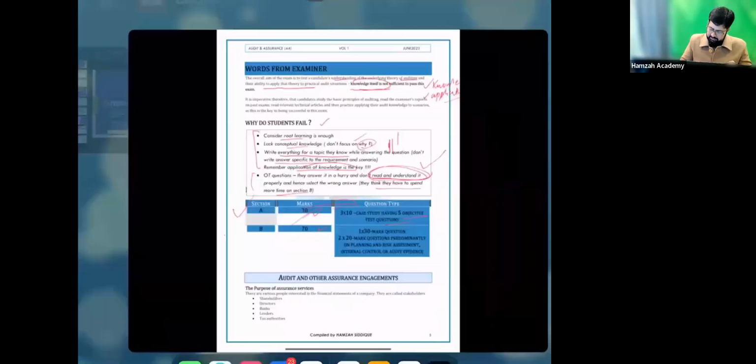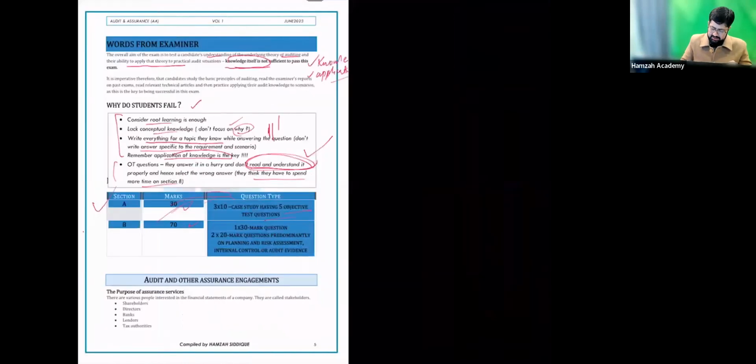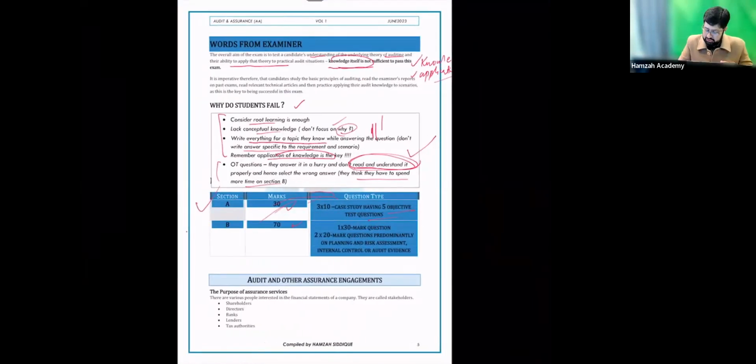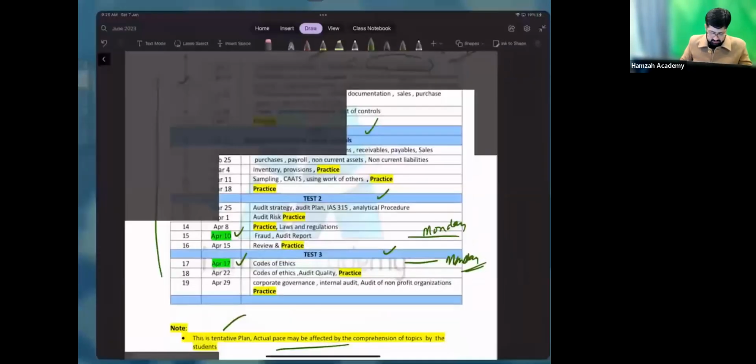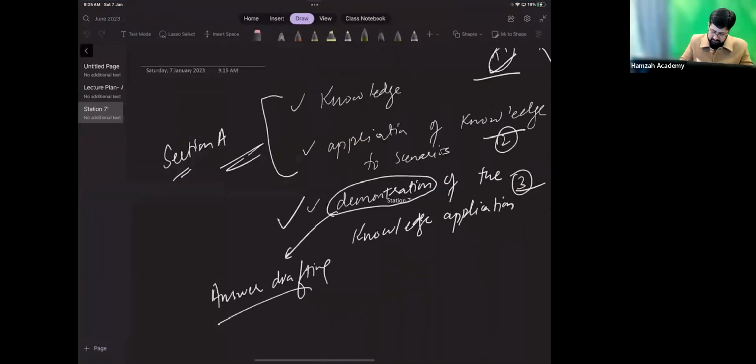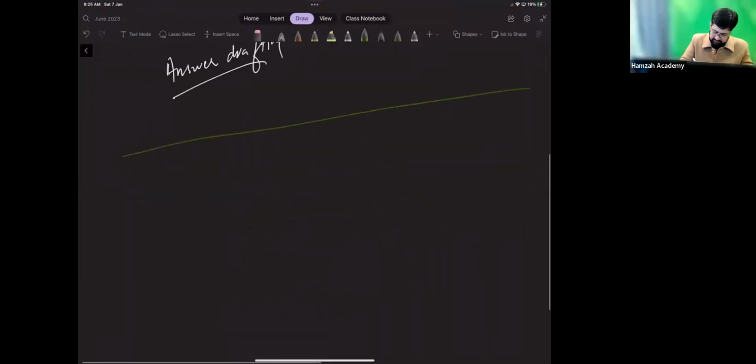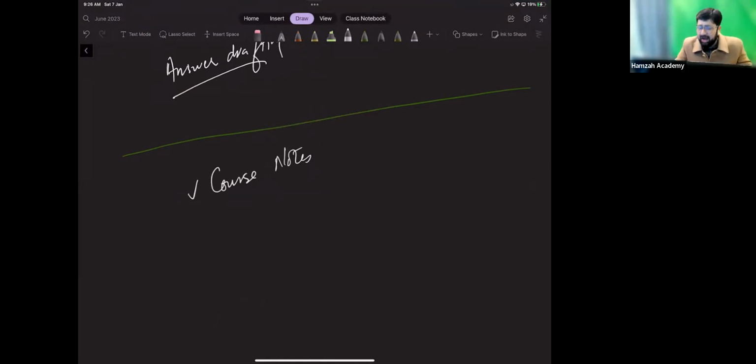So students, how will we be studying? My course notes will be provided to you. So, the resources: course notes. Normally students ask, do we need to buy any book? I normally say no need, because these are tried and tested notes. They include everything you need to prepare for the exam.